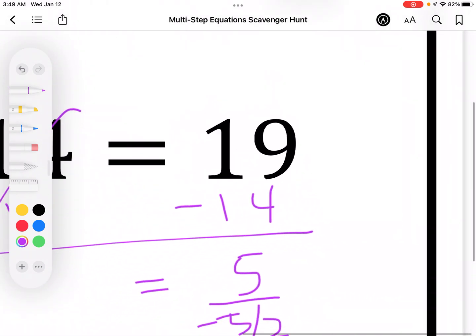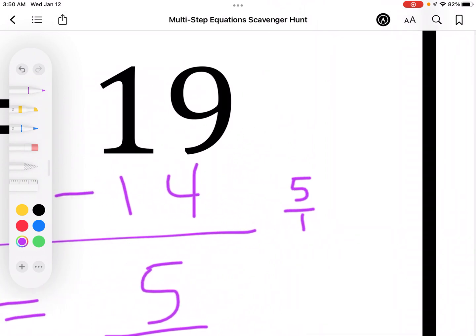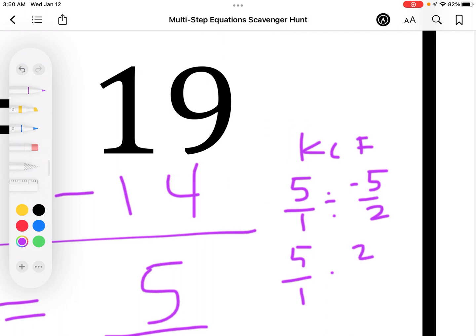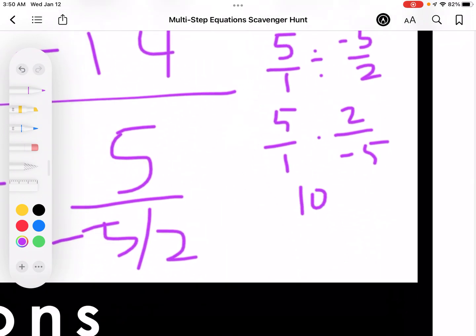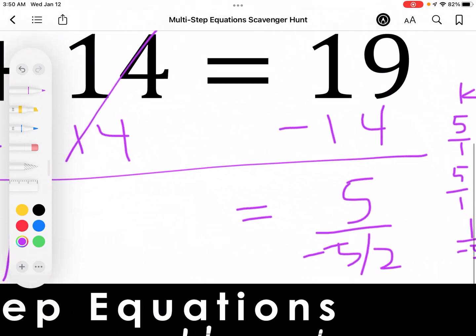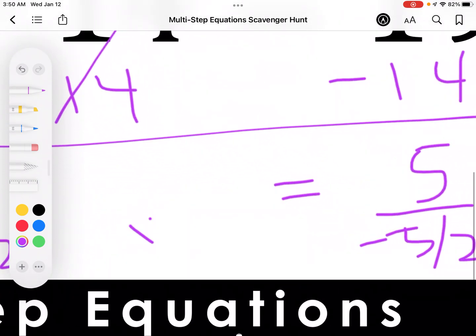So that's the same as 5/1 divided by negative 5/2. Keep, change, flip. 5/1 times 2 over negative 5. We multiply across and we get 10 over negative 5. So 10 divided by 5 is 2, and it's going to be negative because a positive divided by a negative is a negative. So that means x equals negative 2.